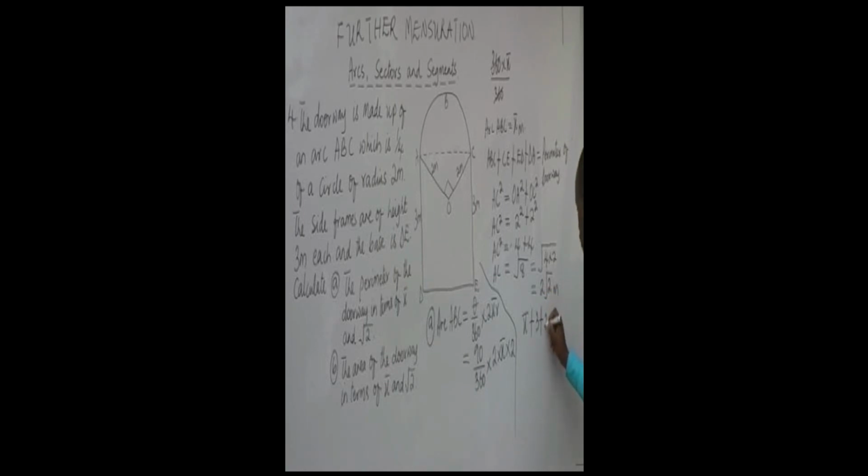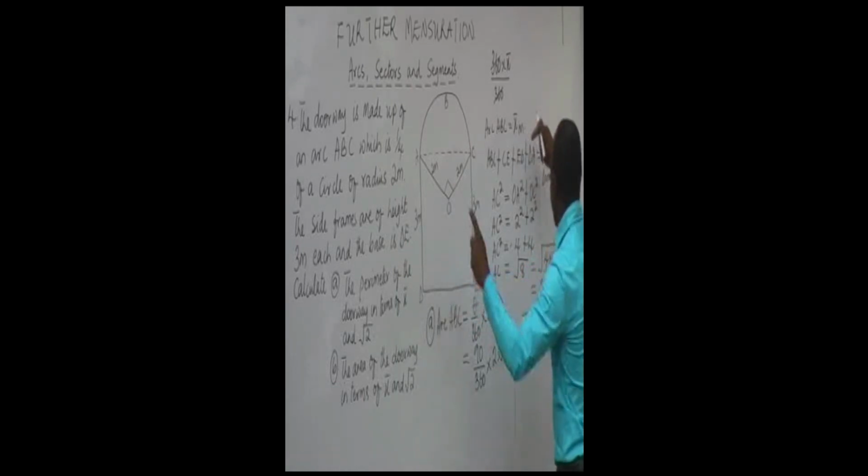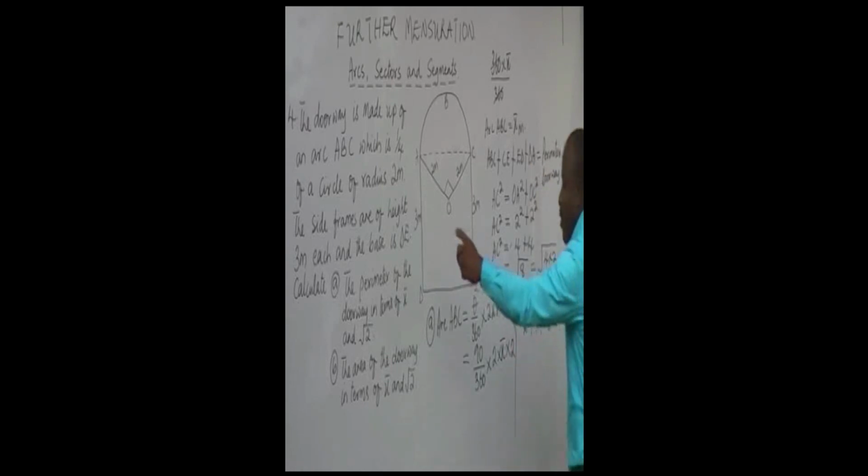So we have plus 2 root 2. Then the next one is DA, which is also 3 meters.